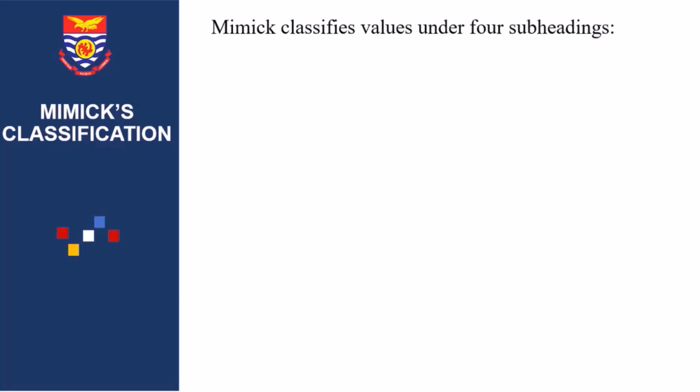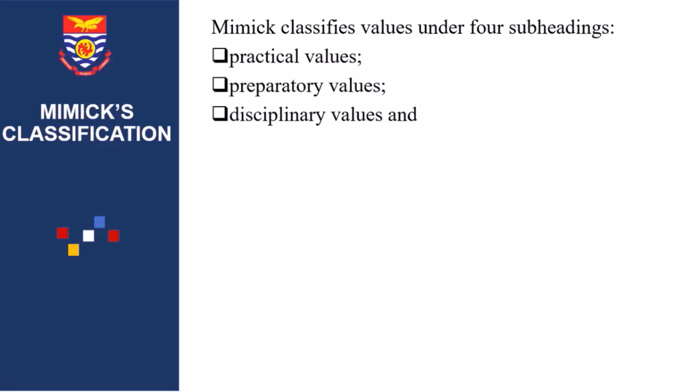As I said, in this session we shall be looking at Mimic's classification of values in mathematics, and he classifies the values under 4 subheadings: practical values, preparatory values, disciplinary values, and cultural values.